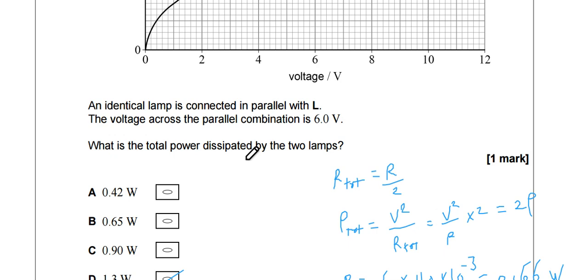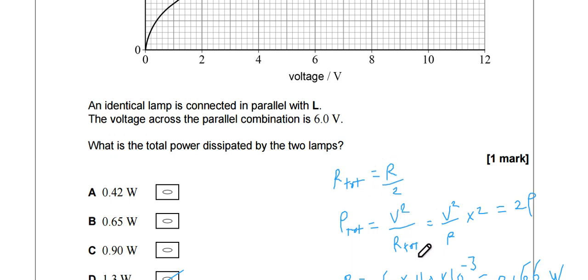Here we got the potential, so we need to get R total. As they are identical, R total is R over 2. You can use the formula that we have just seen in the previous question and substitute R1 and R2 by just R and R. You will find that this is correct.